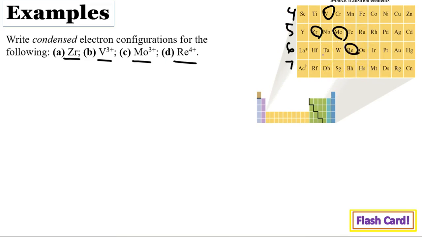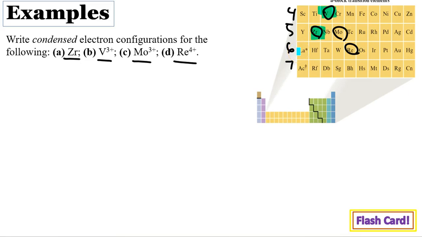Now that we located everything, we're going to ask ourselves, we know we have our general d block. We know we have our 6 and 7 period electron configurations and some of our exceptions. And we have to ask ourselves, do any of these fit that mold? First things first, we have our vanadium and our zirconium here, Zr, which are in periods 4 and 5.